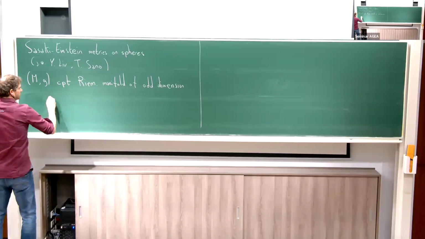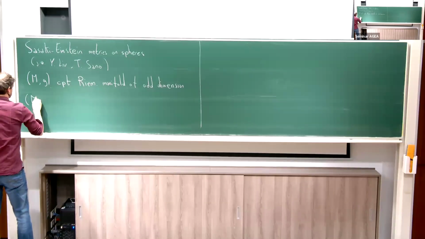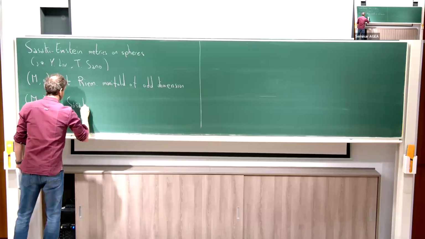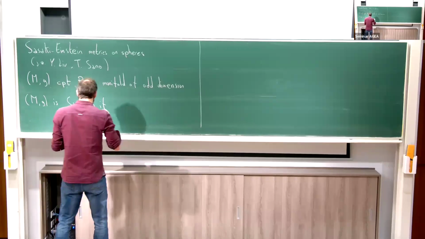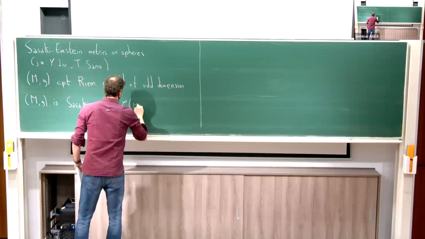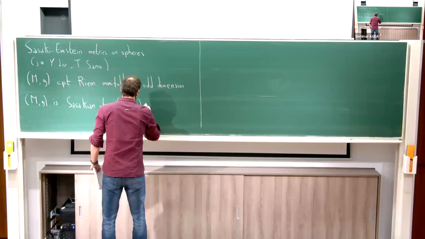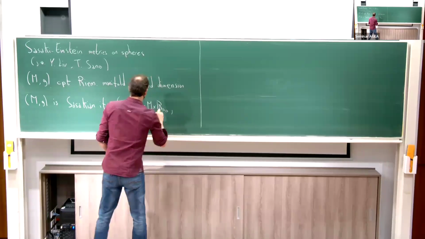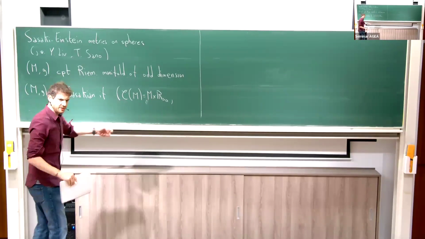And what you do, you say that M, g is Sasakian if you take its cone. So the cone is M times the positive real line as a manifold. And then you put a metric on this guy.